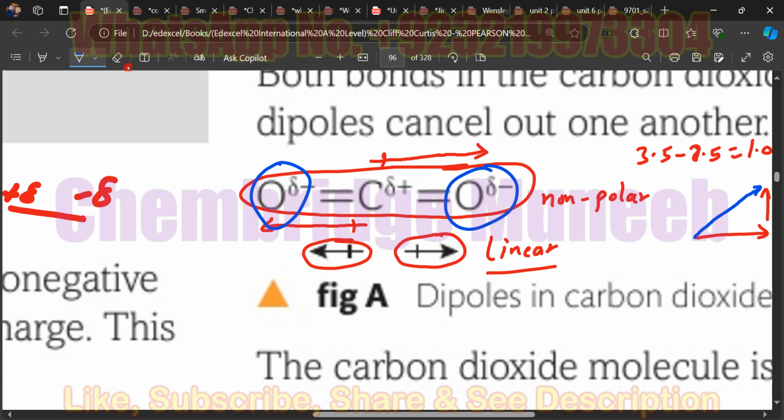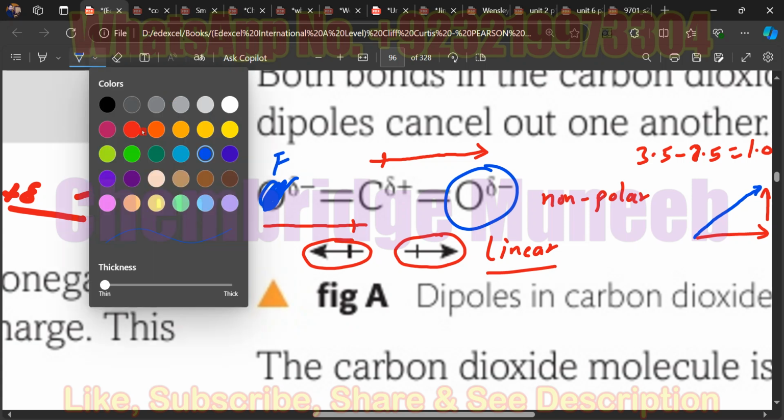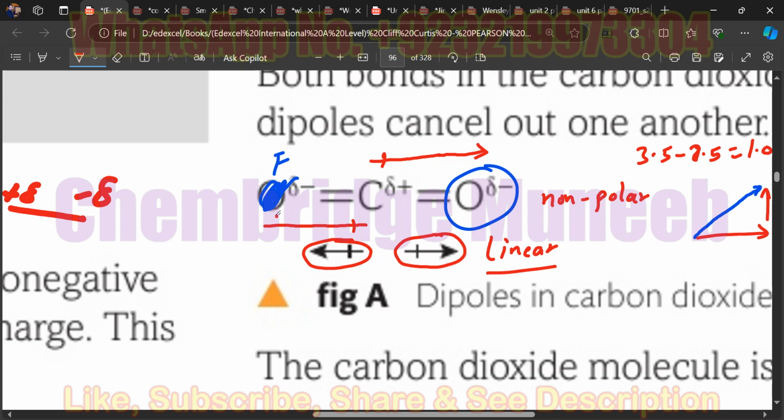electronegative values. But if I change one of the atoms, and instead of oxygen I put fluorine here, then the magnitude of the dipole on this side will become greater. It will not be similar to the other one.